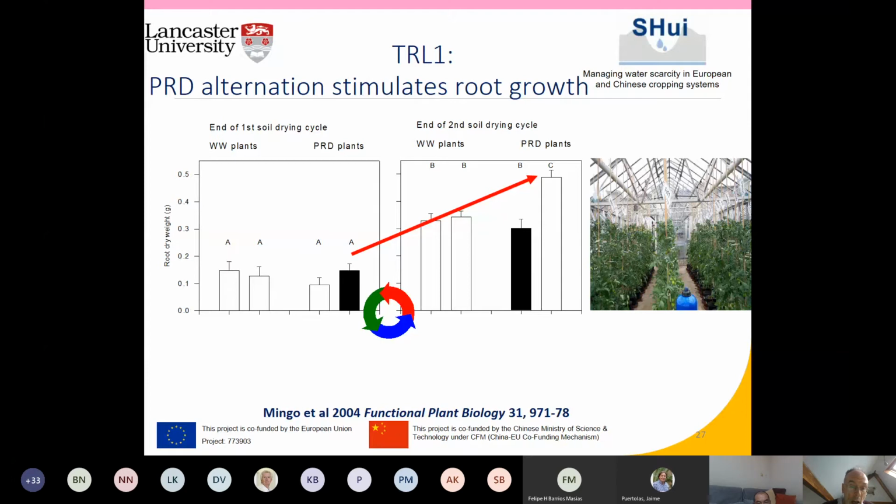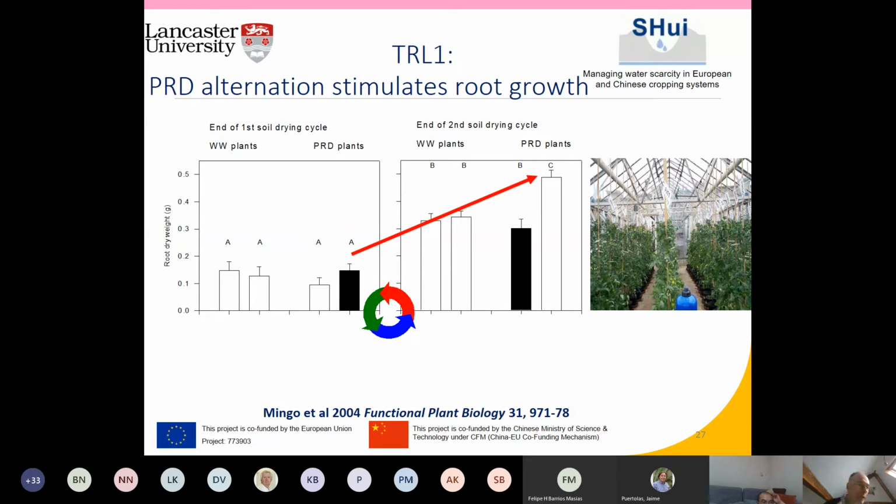When the wet and dry parts of the root system were alternated, so this wet side was allowed to dry the soil, this dry side was then rewatered, we showed a substantial increase in root biomass in the part of the root system that had been originally dried.